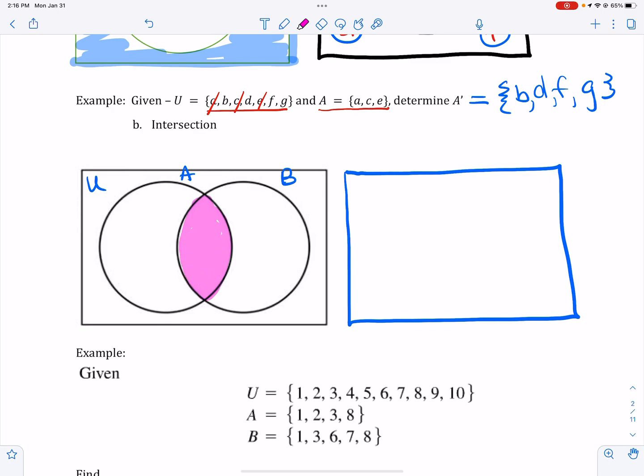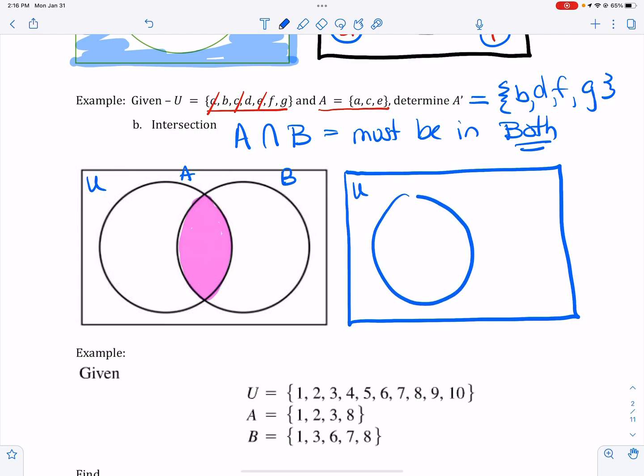And so the way we write intersection is A intersect B must be in both. Okay? So if I come down here and I write my U, I'm going to draw my two circles. Here's A. Here's B.